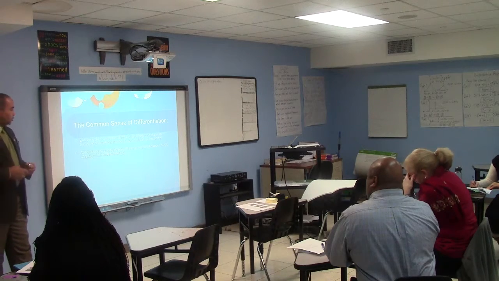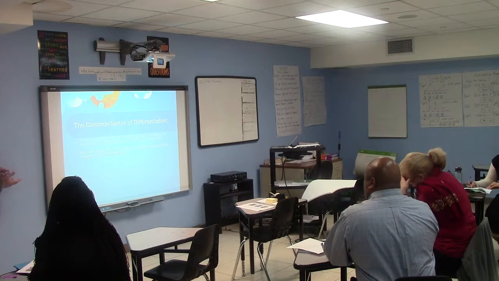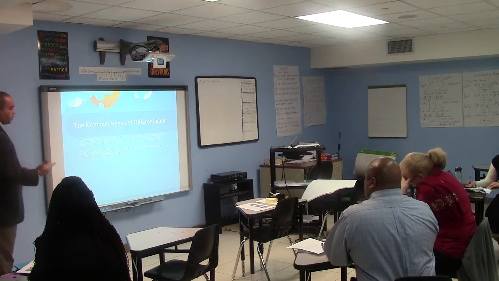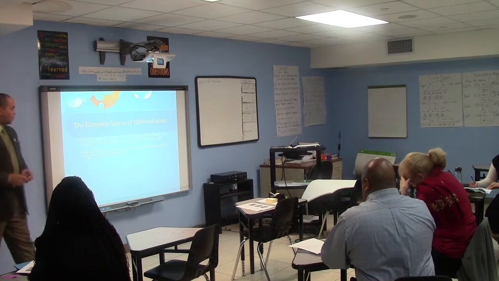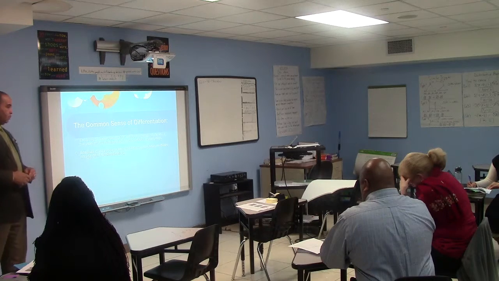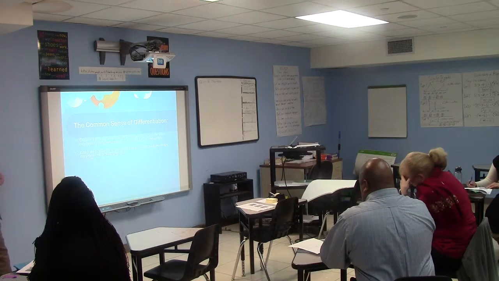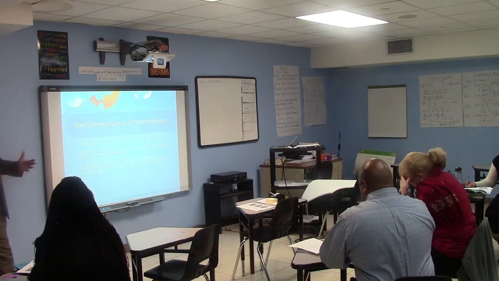Second, absolute clarity about the powerful learning destination, the KUDs: what they know, what they understand, and what they're going to do. Third, persistently knowing where students are in relation to the destination all along the way.